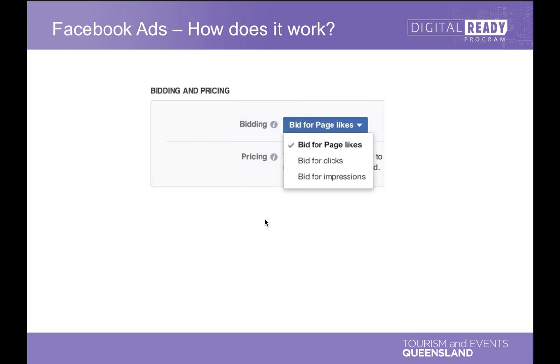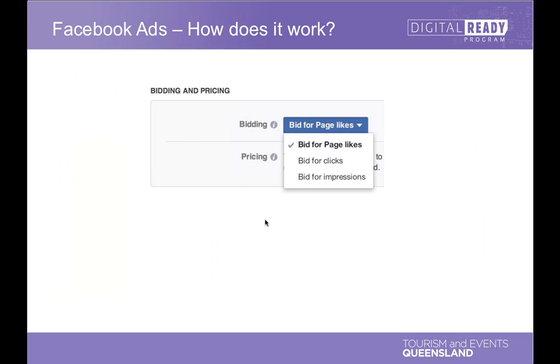The other thing is that Facebook basically recommends, as you go through, the best option depending on what you're advertising. You can bid only if people click on your page, so you only pay if they click on the ad, sorry. You can bid for impressions, which is that every time the ad is shown you pay, or Facebook, for this set of variables that I've chosen, recommends bid for page likes, and you will pay every time your page shows to people who are likely to like your page.